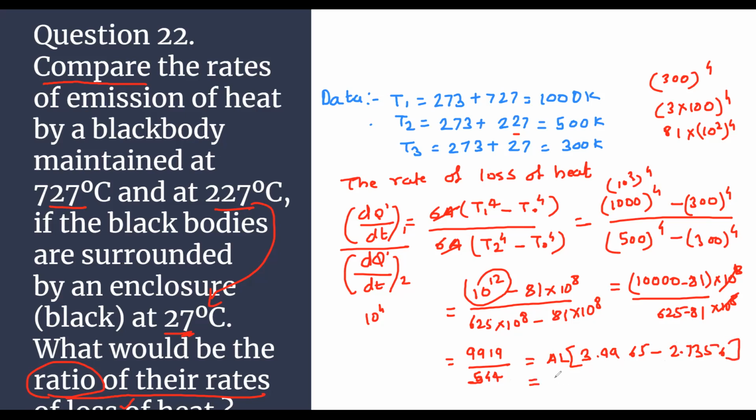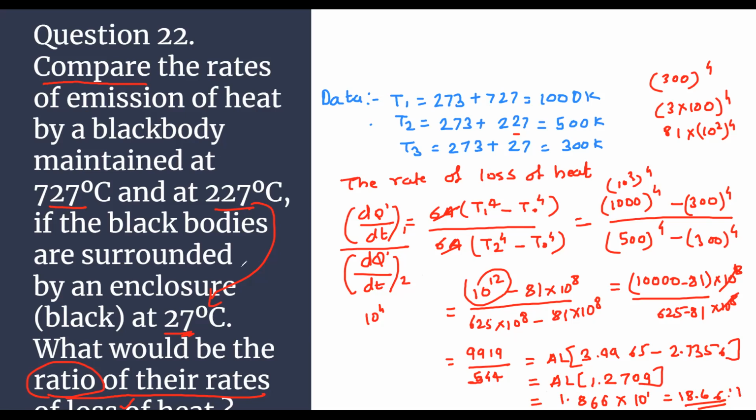After subtraction it gives us 1.2709, and the antilog of this number is 1.866 into 10 raised to 1, which is 18.66. So this is our final answer.